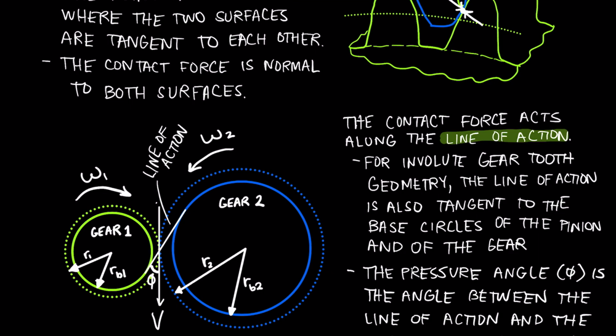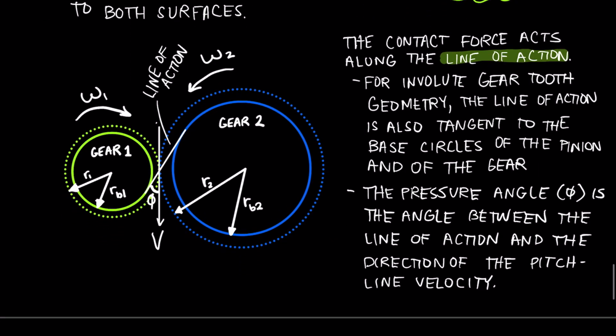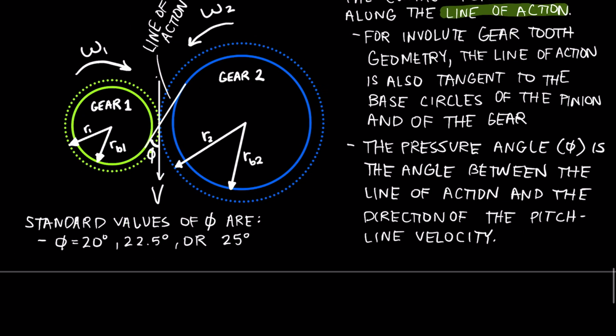Now there are some standard values for the pressure angle for most gears that are in use in industry today. The standard values today are 20 degrees, 22.5 degrees, or 25 degrees. I mostly see 20 degrees. The old standard was 14.5 degrees.